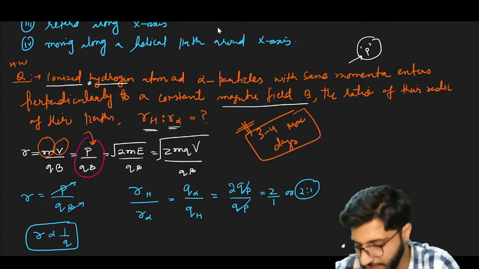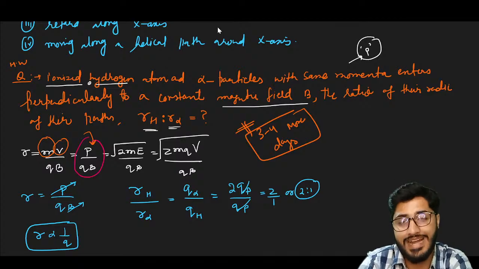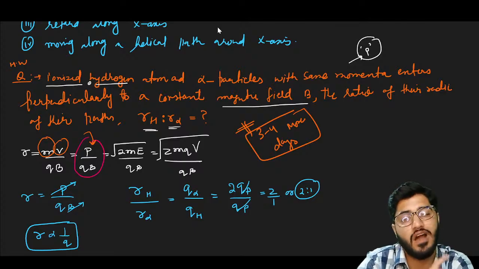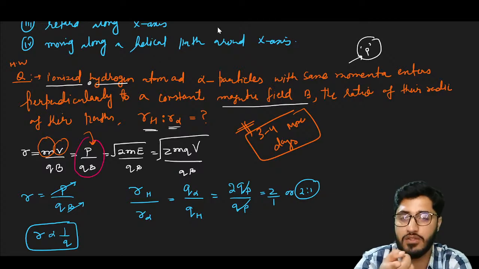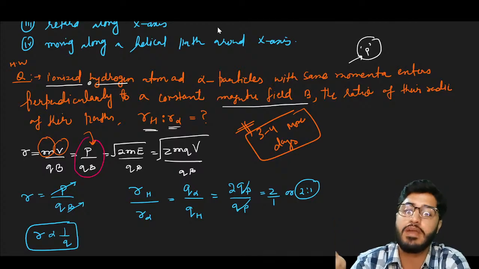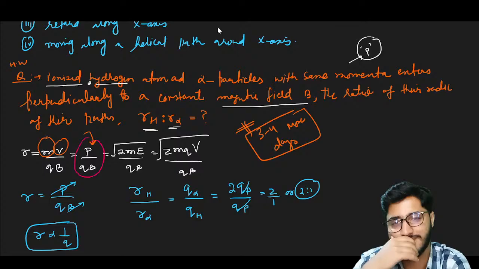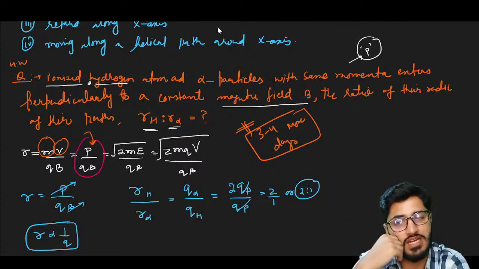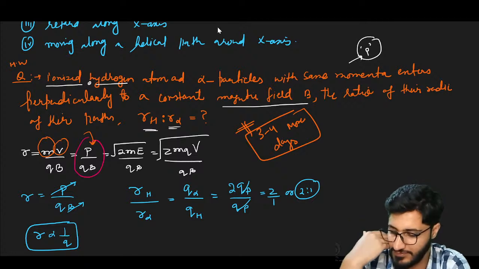Now you are asking me why we cannot use the first one? Look, we have to take only that equation in which the quantities are given in the numerical. Sir, momenta is given. If momenta is given, how will you compare momenta with mv by qb? You can just transform mv into p, no? That is, p is given to us, and B is also given to us, so r is inversely proportional to q, no? Okay.